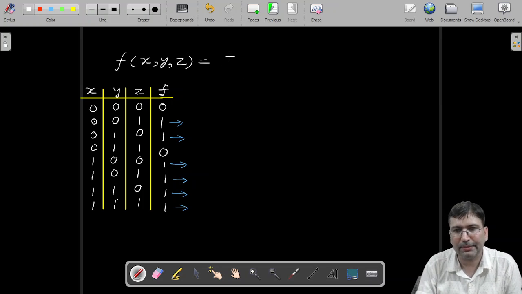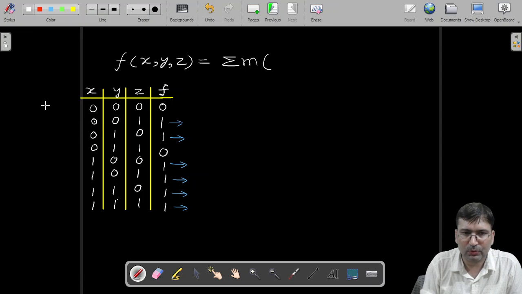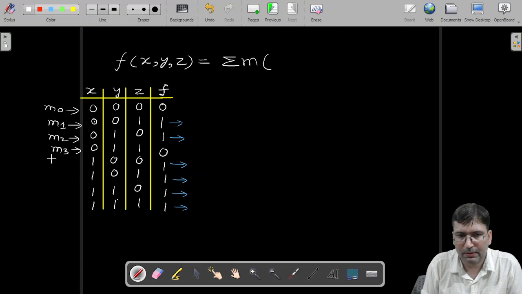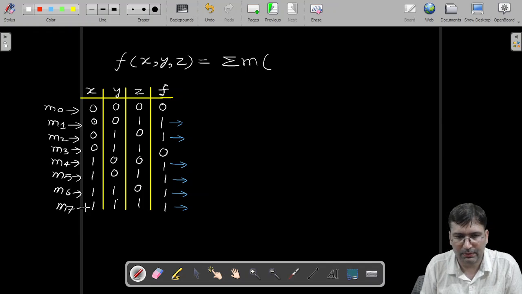So for min terms we write a summation of min terms, represented like m. This is the 0th min term, so we write it like m0. This is min term 1, this is min term 2, min term 3, min term 4, min term 5, this row represents min term 6, and this represents min term 7.